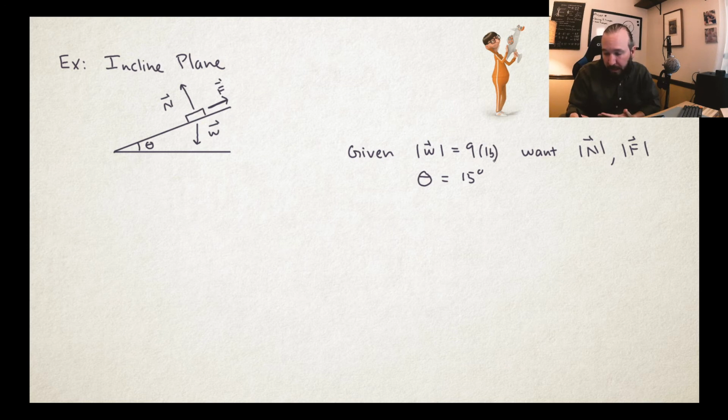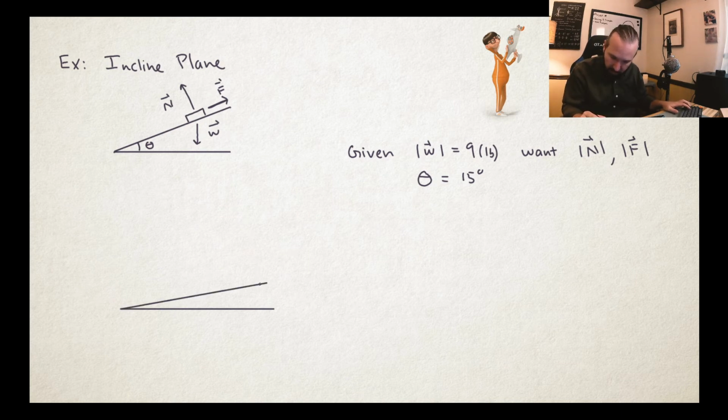So in our problem, they give us the weight, and they give us this angle over here in the corner, and they ask us to find the magnitude of the normal force and the magnitude of the friction force. Okay, 15 degrees is not very much. Now I'm going to draw a perpendicular to that. So there's the normal force, and then right there is the force due to gravity.